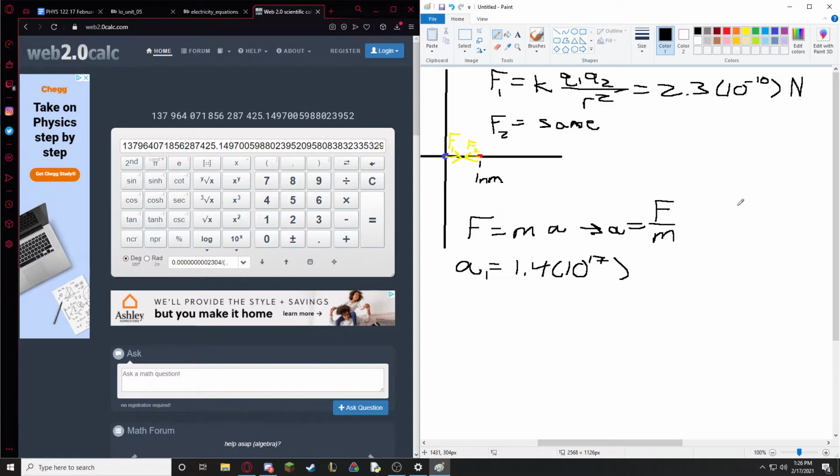We've kept everything in SI units up to this point. SI units for acceleration, if anyone remembers from Physics 121. SI would still be meters per second. Squared. Yep, exactly. Meters per second squared.